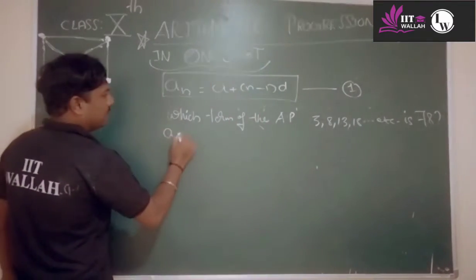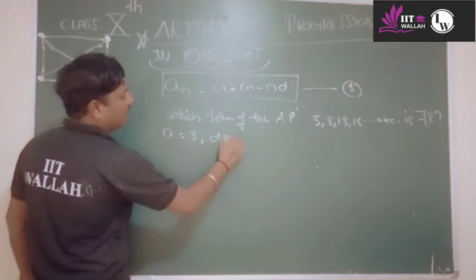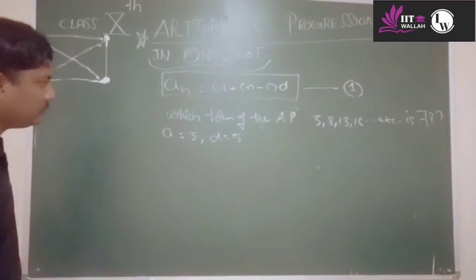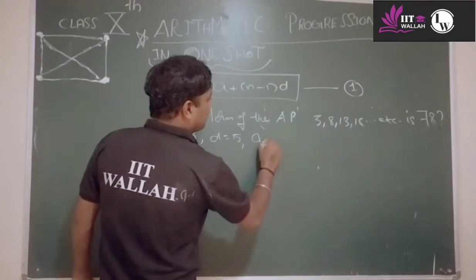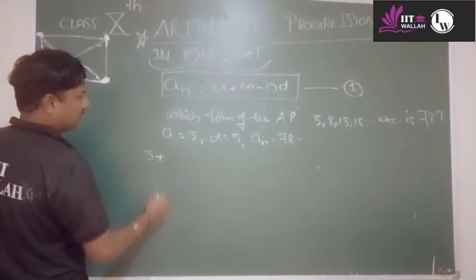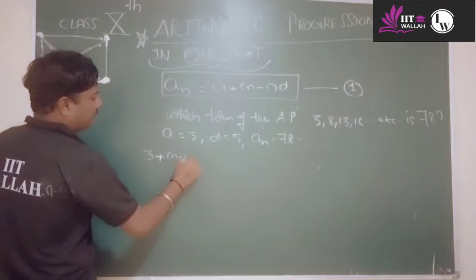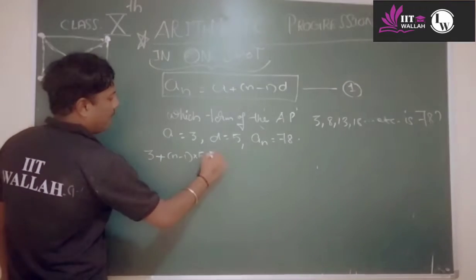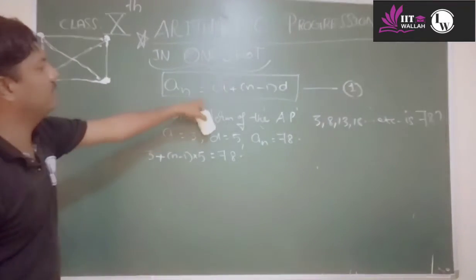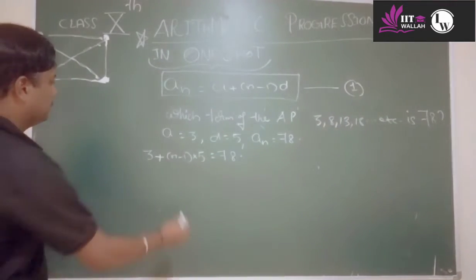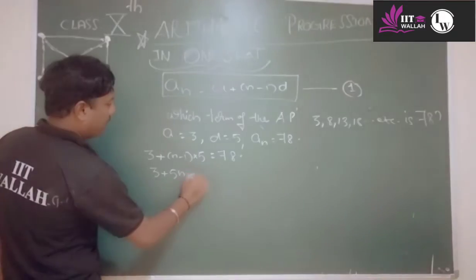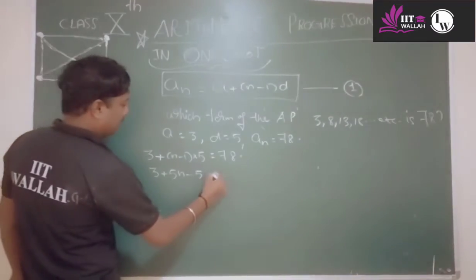So here A is equal to 3. Given things like D is equal to 5, 8 minus 3 is 5. And an is equal to 78. So that means 3 plus n minus 1 into 5 is equal to 78. Okay? A plus n minus 1 into d. This formula I will use here. So 3 plus 5n minus 5, I open the bracket, is equal to 78.